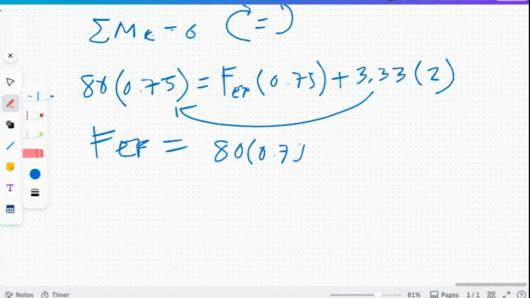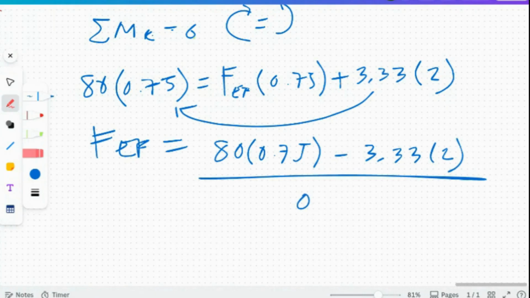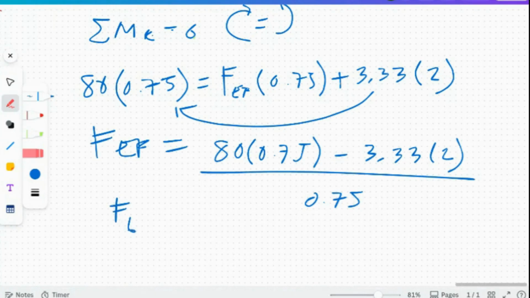So 0.75 EF is equal to AD times 0.75 minus 3.33 times 2, over 0.75.